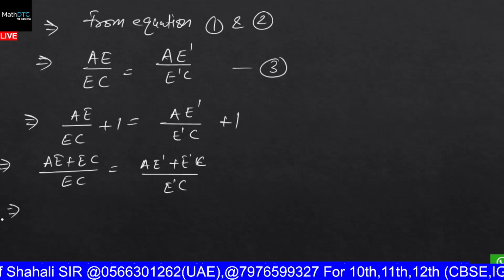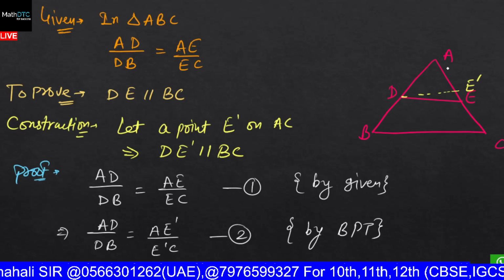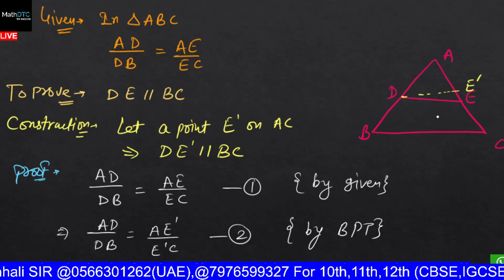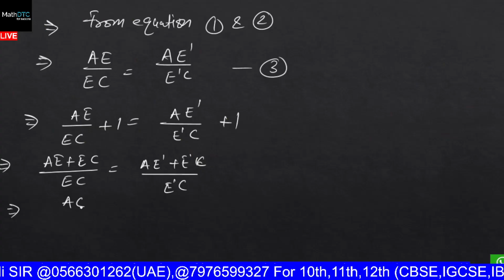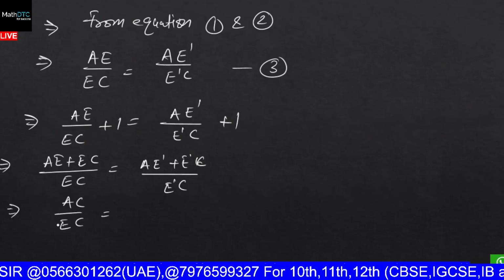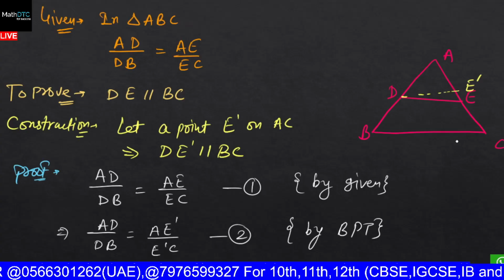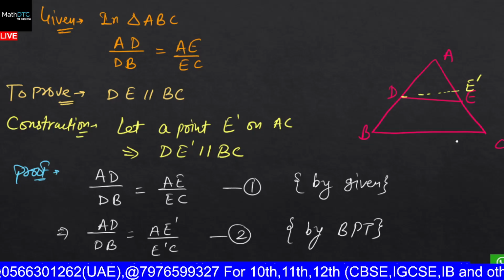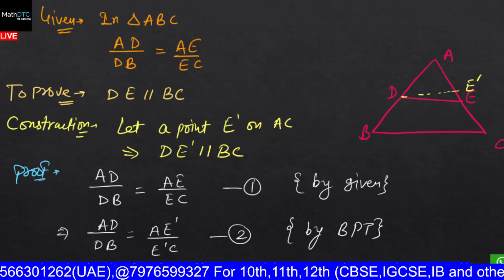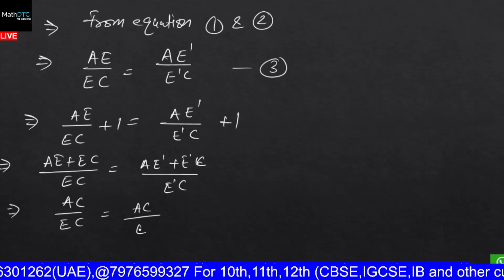Now AE plus EC becomes, check the diagram, AC. So I write here AC by EC, right? AE dash plus E dash C is also AC. Very good. Now this one is also AC by E dash C, right?